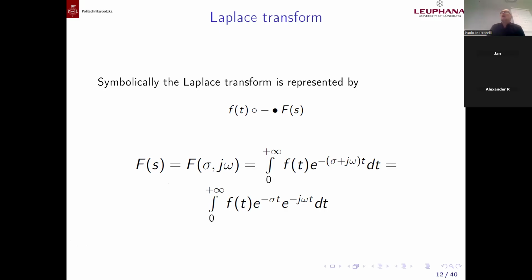S is a complex variable, which can be seen as sigma plus j omega, in which sigma is the real part and omega is the imaginary part.